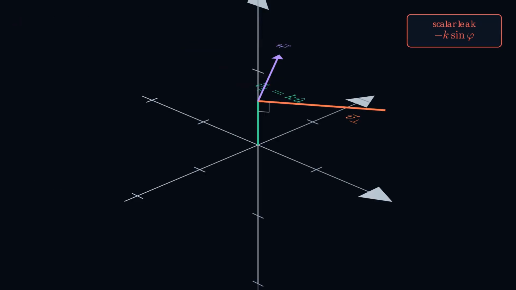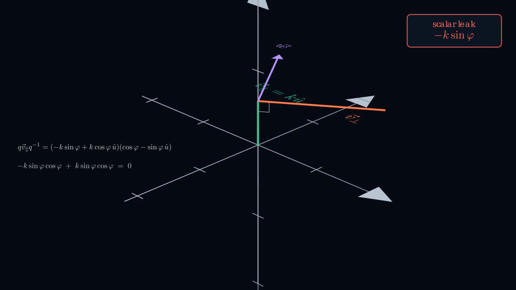Multiply on the right by q inverse, cosine phi minus sine phi u hat, as well, and check whether that cancels the leak. First, the axis-aligned piece. q v parallel times q inverse equals negative k sine phi plus k cosine phi u hat times cosine phi minus sine phi u hat. Expand the four cross terms.